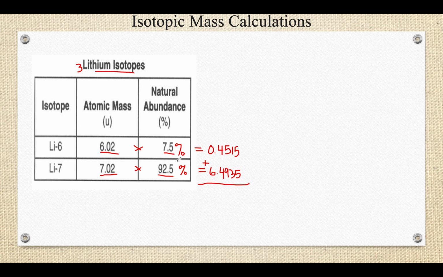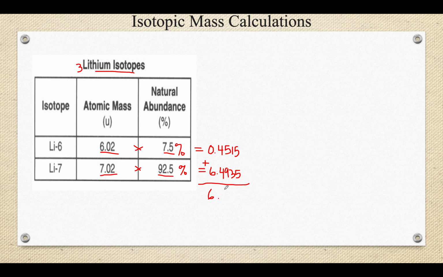So when I quote unquote average it out, I get 0.4515 plus 6.4935, which is, hang on, let me enter this into my calculator, 6.945.